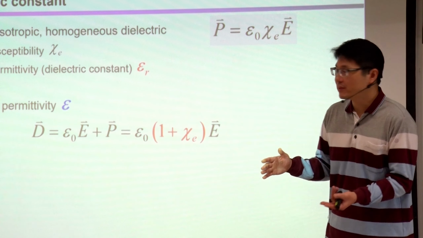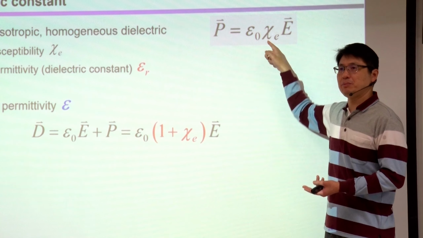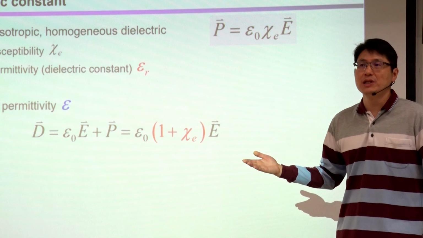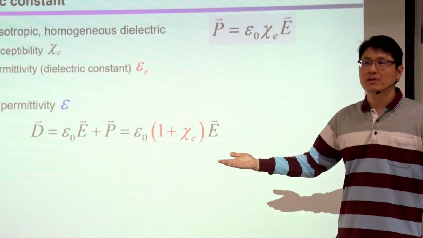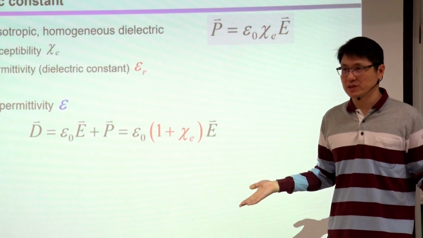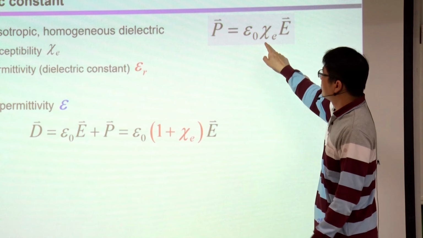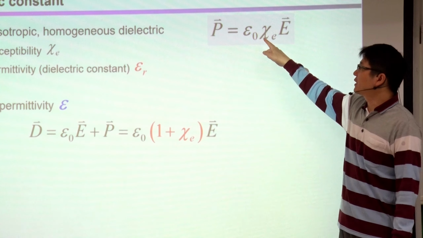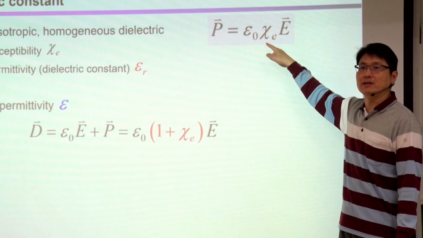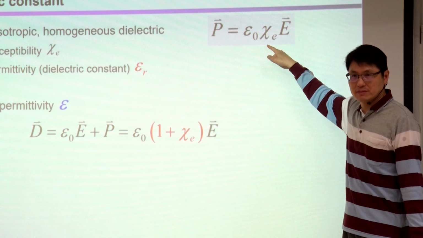Right? Vacuum has 0 chi E because vacuum has nothing. It cannot contribute to electric dipoles. Right? So in another sense, metal has a very huge chi E. It's almost infinite, right?